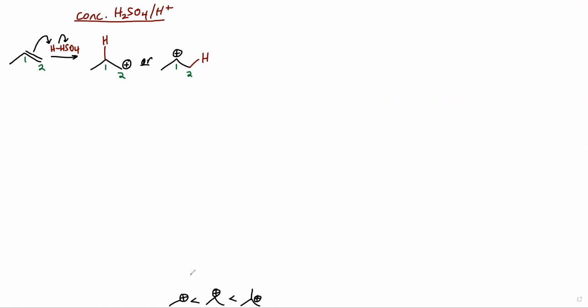Reminder that this is governed by hyperconjugation, which is just a fancy way of saying that we have carbons donating electron density towards these cations. And the more of these interactions that we have, the more stable we are overall. So that's hyperconjugation helping us figure out this part of the stability series.